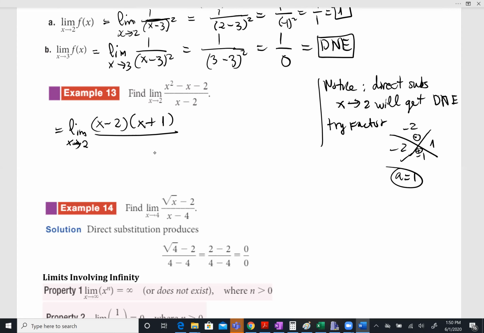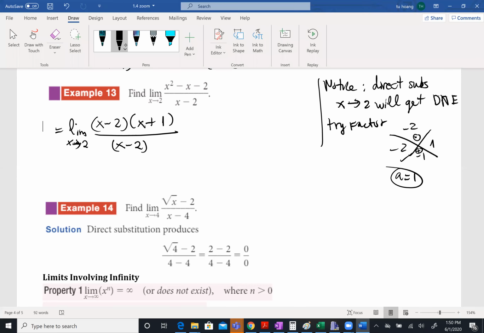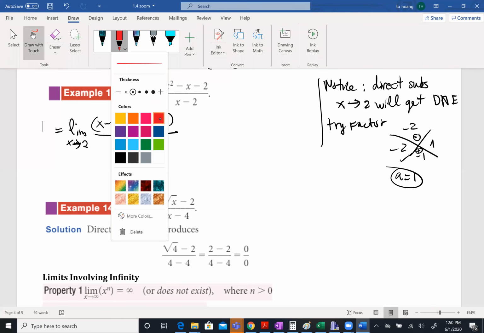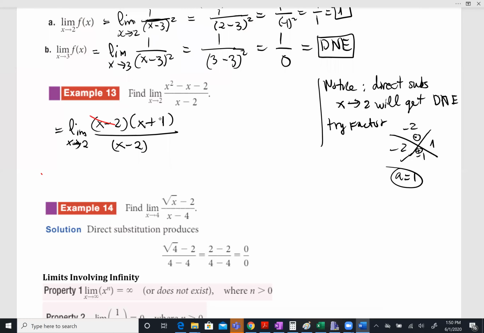Because A equals 1, I can factor it easily with these two numbers. After factoring everything, I can cancel the common factor between top and bottom. Now I have the limit of x plus 1 when x goes to 2, and lastly just direct substitution, which equals 2 plus 1, equal to 3.